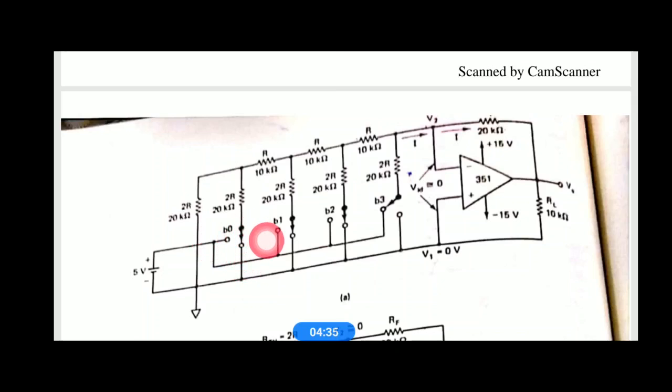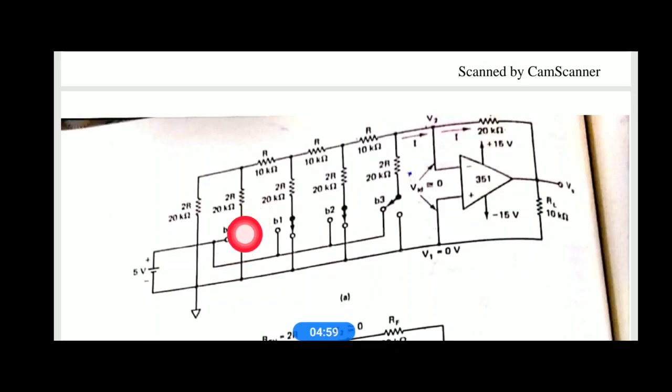If these inputs are high, then they are connected to plus 5 volt using a switch. Suppose if B0 is high, we are connecting this switch to here so that it connects to plus 5 volt.